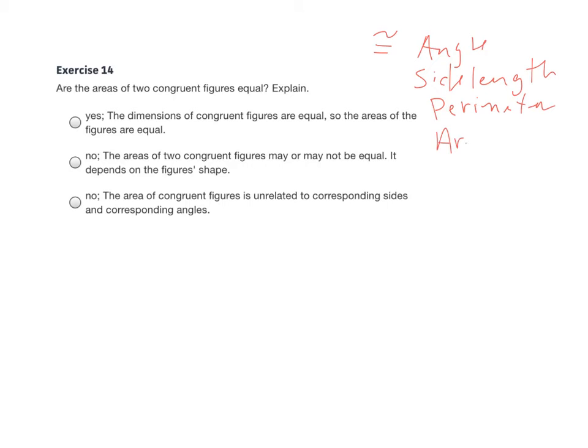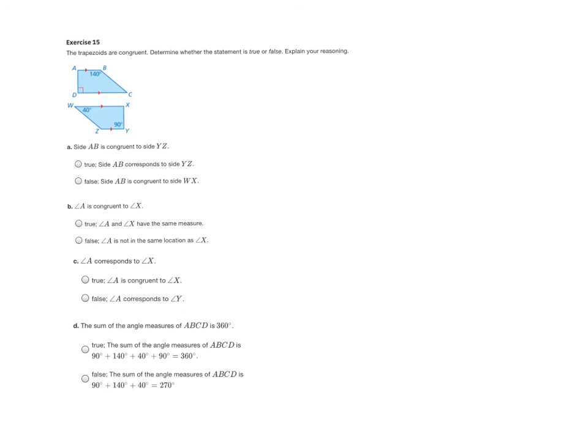The areas. All of these things are going to be congruent. They're going to be exactly the same. So are the areas of two congruent figures equal? Well, we know it's not no, and we know it's not no. There we go. Yes, the dimensions of congruent figures are equal, so the areas of the figures are equal.